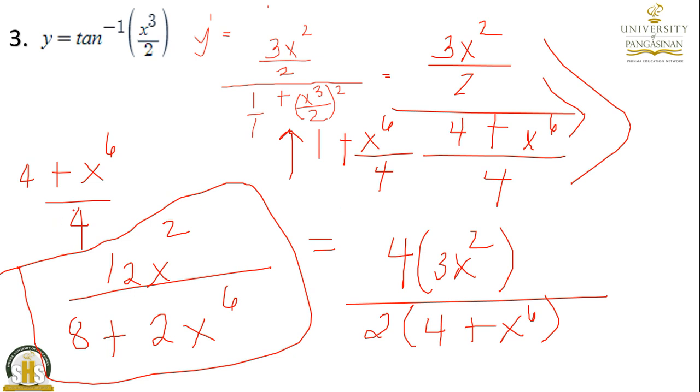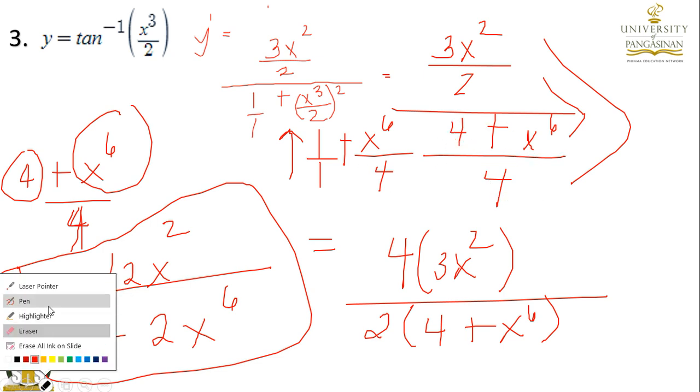Then, 4 divided by 1 is 4, 4 times 1 is 4. Then, 4 divided by 4 is 1, then times x raised to 6. That's why we have x raised to 6 here. Hindi natin siya pwedeng i-cancel kasi binomial yung 4 plus x raised to 6, then constant naman yung 4.